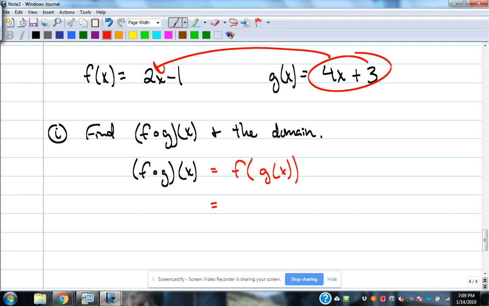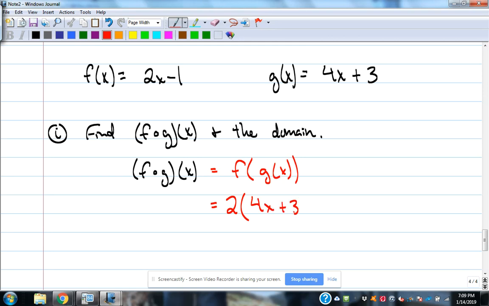That's what function composition does. So that's going to be 2 parentheses 4x plus 3, close the parentheses, minus 1. Taking that g of x function and replacing x in the f of x function.